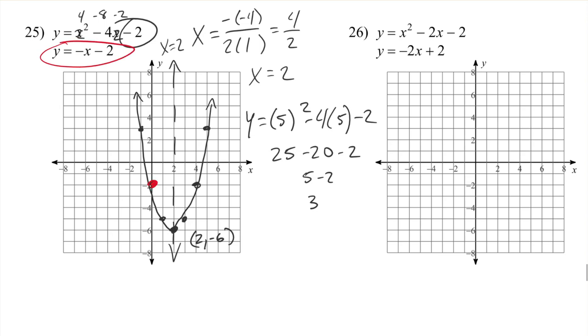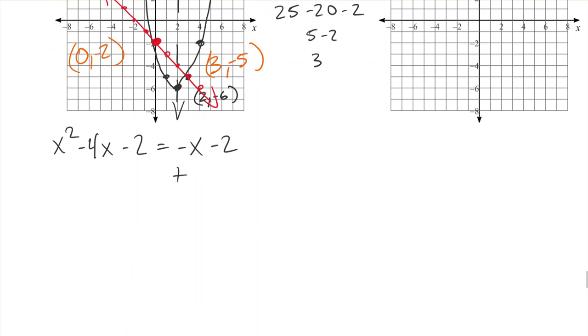Y-intercept's negative 2. Slope is negative 1. Alright, we can see there it intersects at 0, negative 2. Right here, and what is that? 3, negative 5. And algebraically we'd write x squared minus 4x minus 2 equals negative x minus 2.